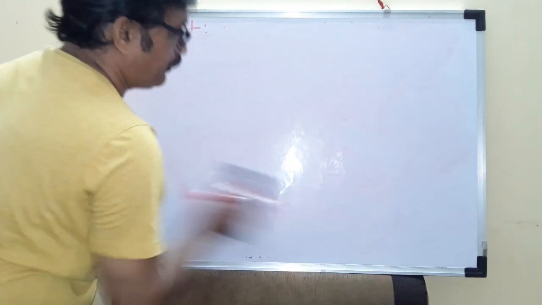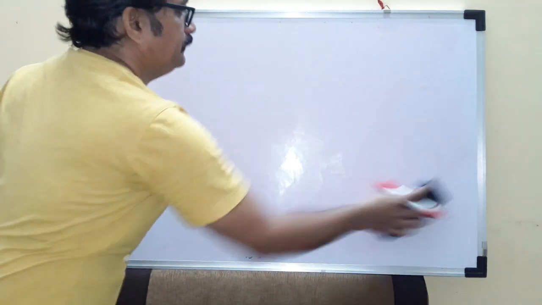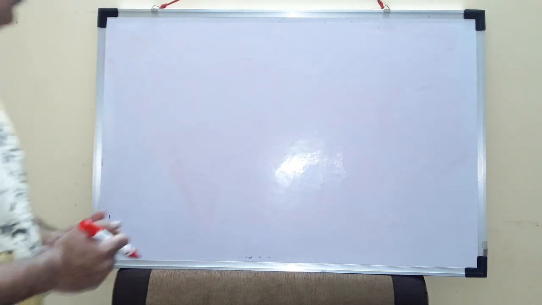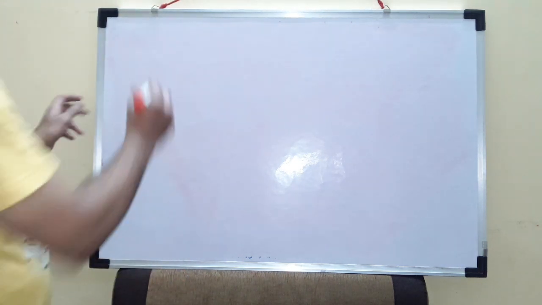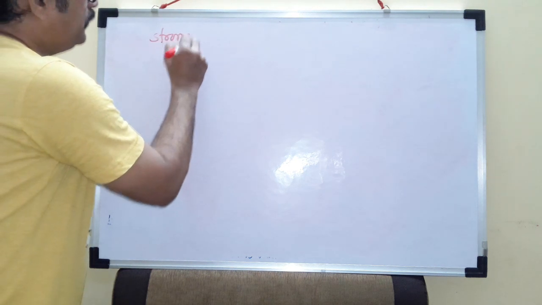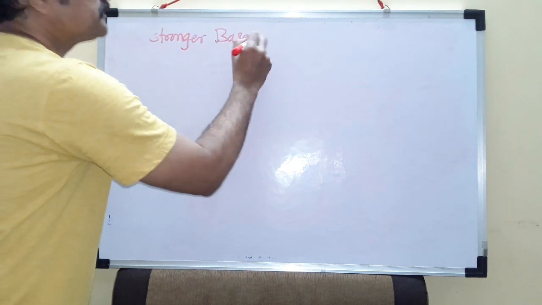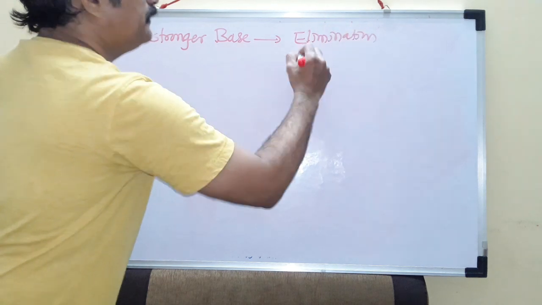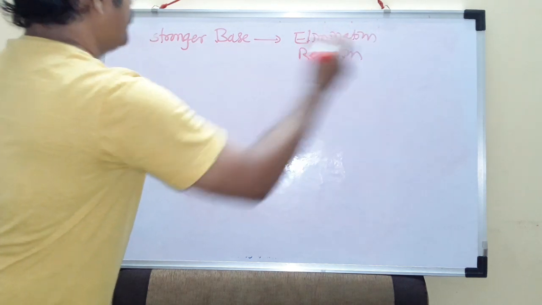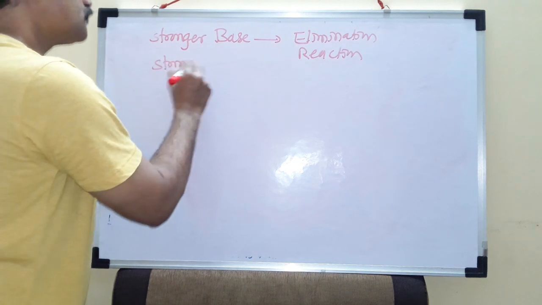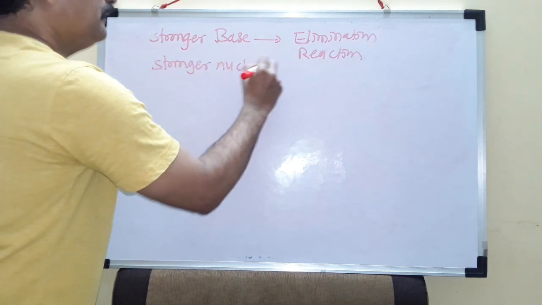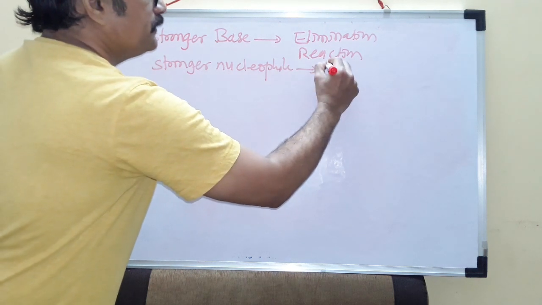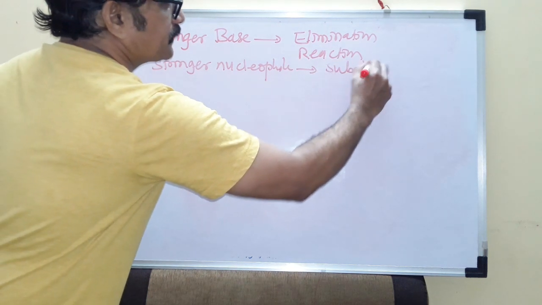This point is very, very important, particularly in elimination and nucleophilic substitution reactions, because a stronger base is responsible for the elimination reaction, and a stronger nucleophile is responsible for the substitution reaction.